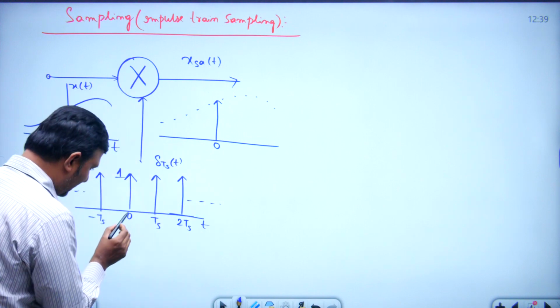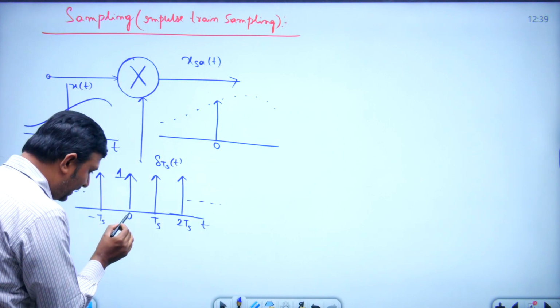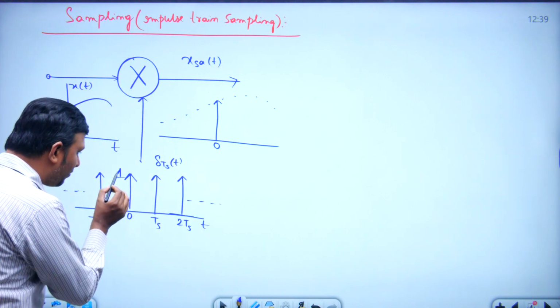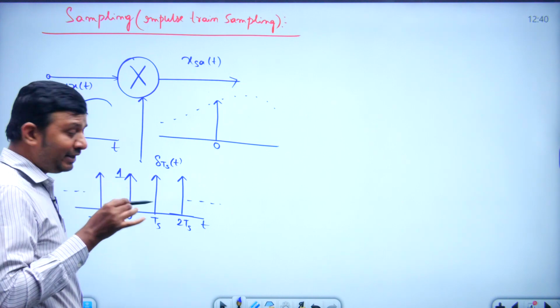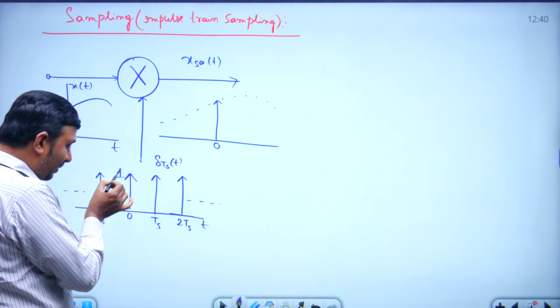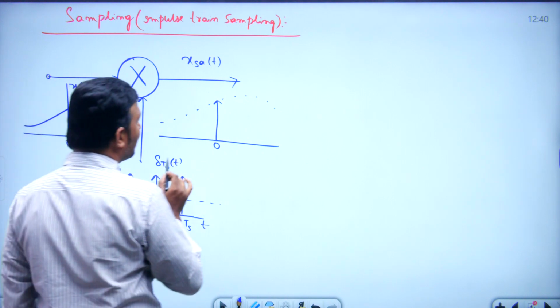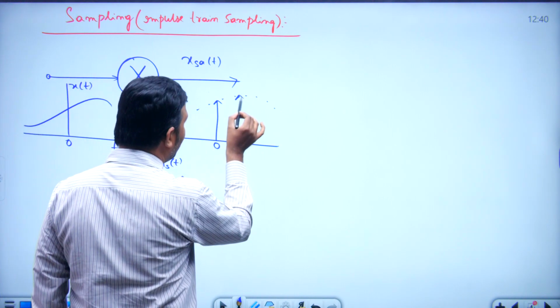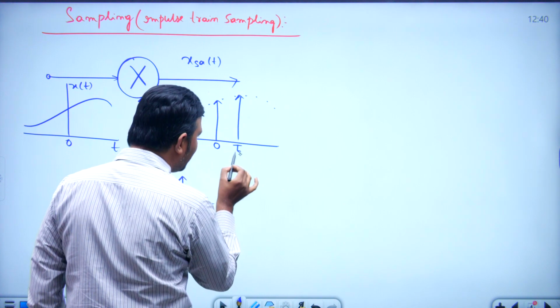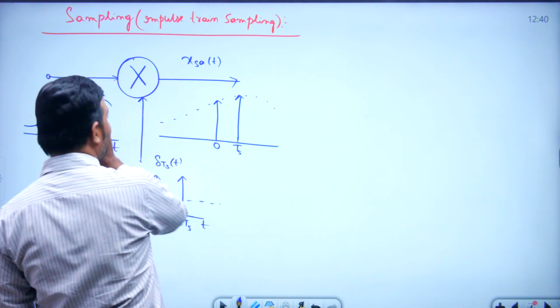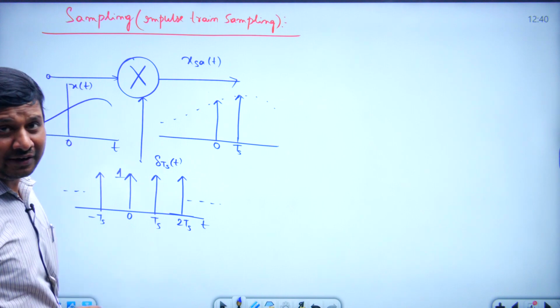Before multiplication, the area of this impulse placed at 0 was 1. After multiplication, this area gets multiplied with the value of the signal at that instant. So here also, at Ts, an impulse will come, but its area will change according to the signal.